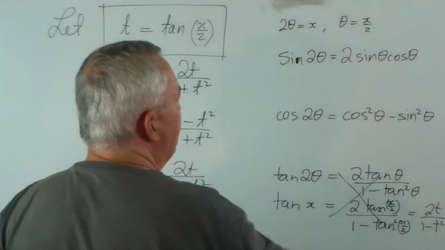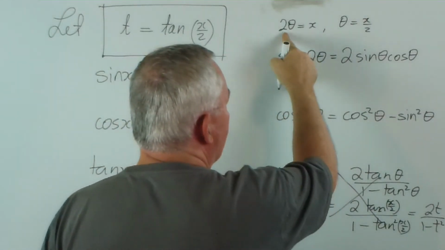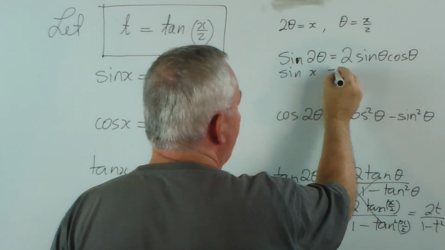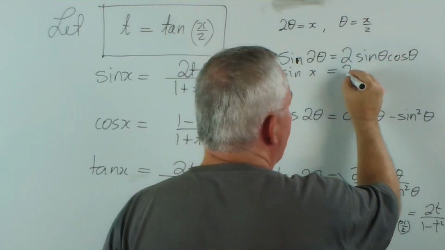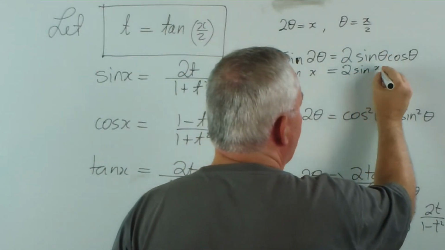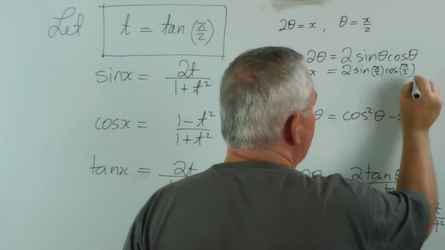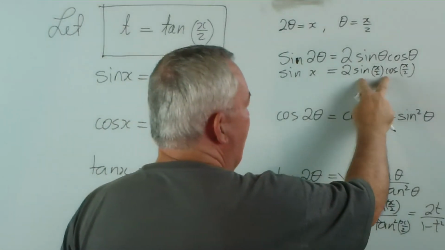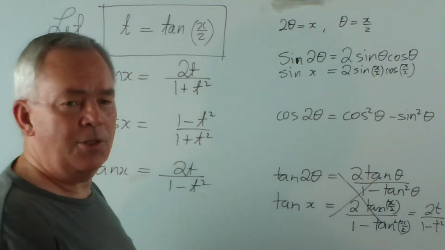How about the sine? Well, I hope you can see. Again, if I replace the 2 theta with x, I get sine x. And if I replace the thetas with x on 2, I get 2 sine x on 2 cos x on 2. Now, I don't have a ready definition for those, but I do have a definition for tangent.